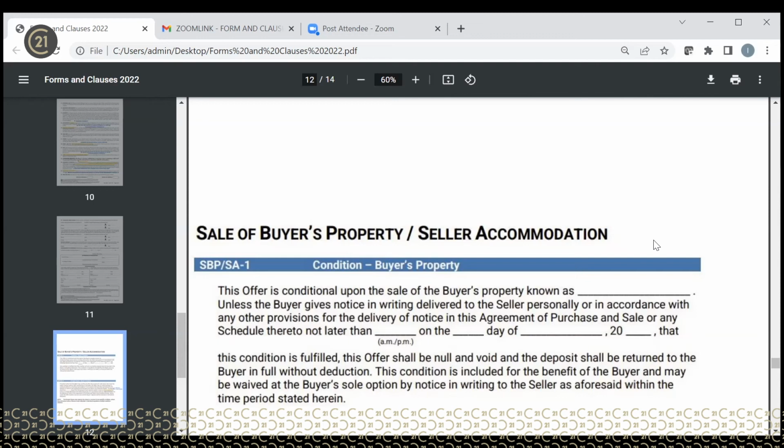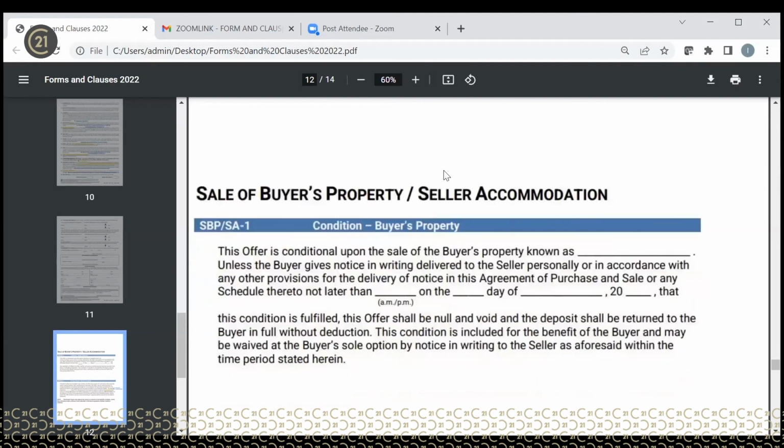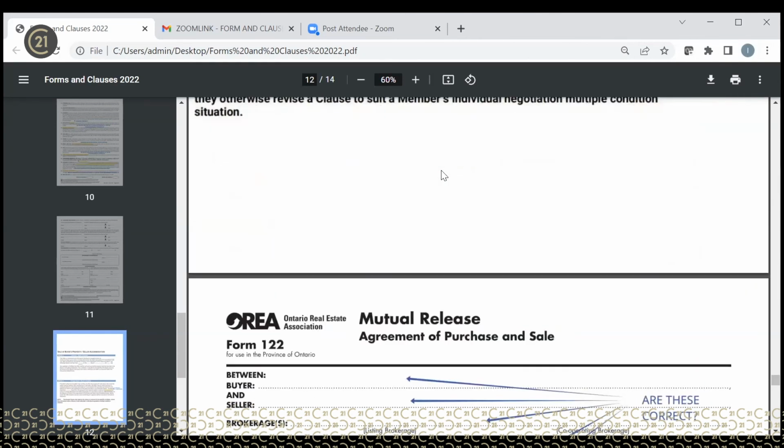Are they going to be listing it on MLS, or are they going to try to sell it exclusively or privately? Those are just things that you want to have as a conversation with your buyer's agent so that you know how much weight to give this condition on behalf of your seller. So that's what I have for you on forms and clauses.